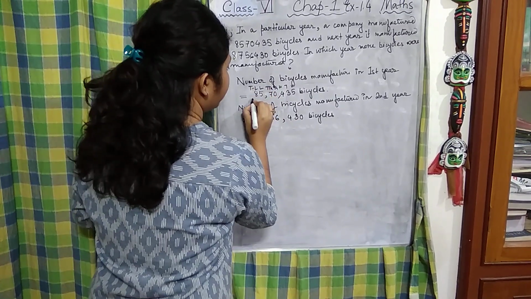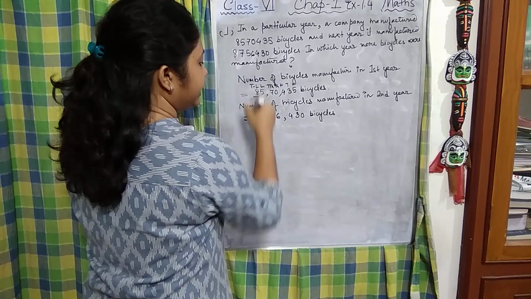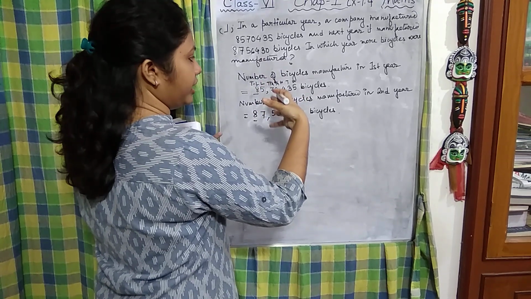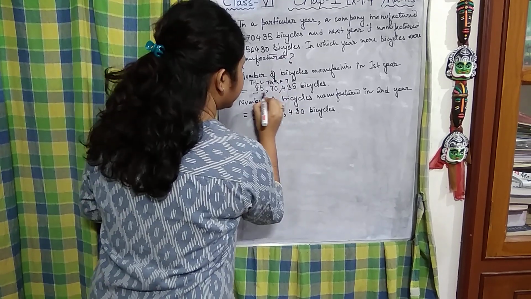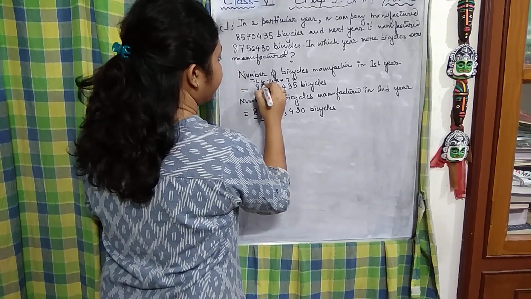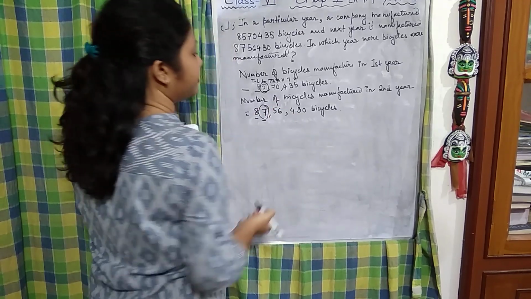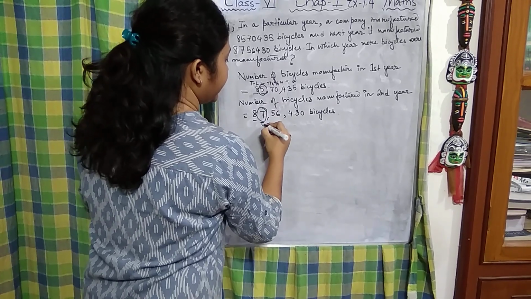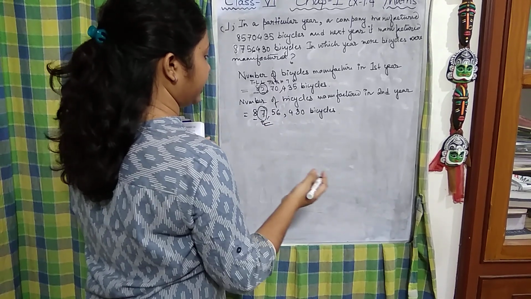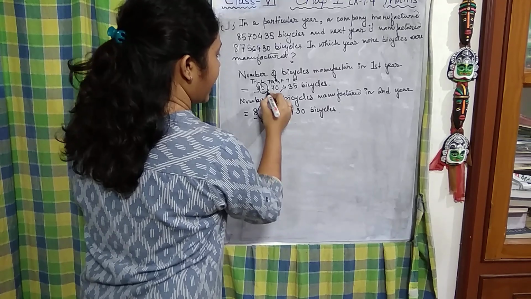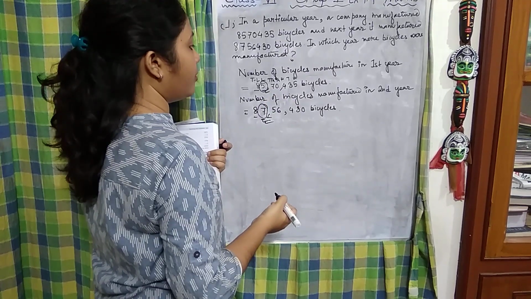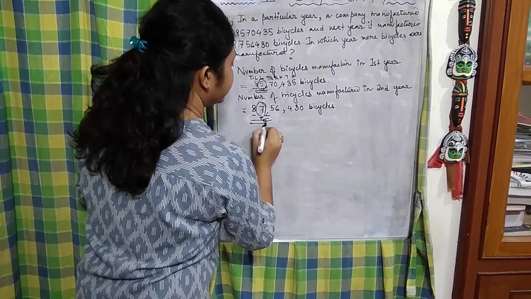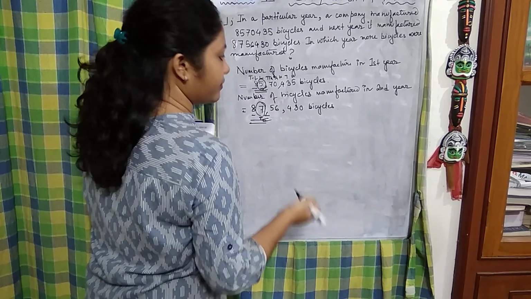Now see, in the ten lakh position of both, 8 is there, so we cannot determine from there who is bigger or smaller. But in the lakh position we can determine, because in the second year the number of bicycles has 7, and in the first year it is 5. So 85 lakh it was, and in the second year it is 87 lakh.